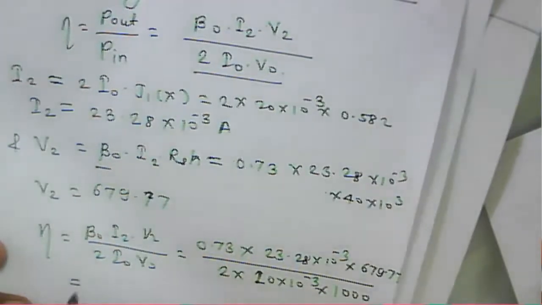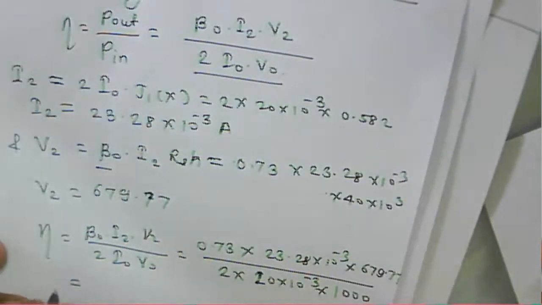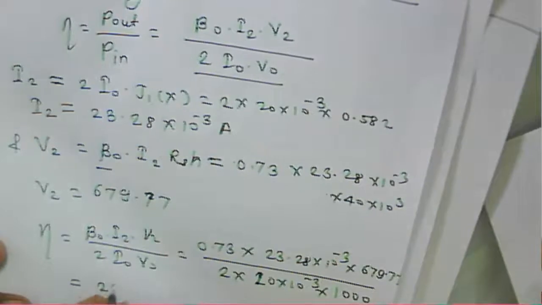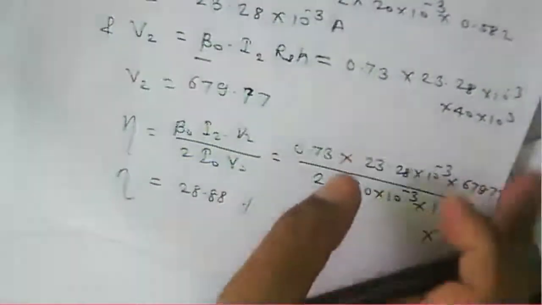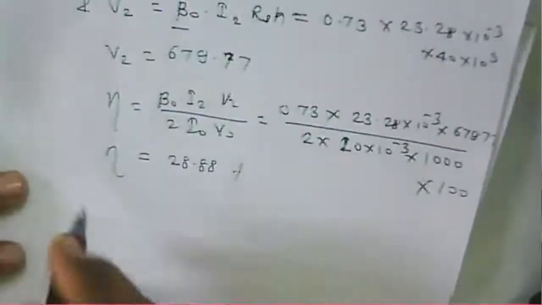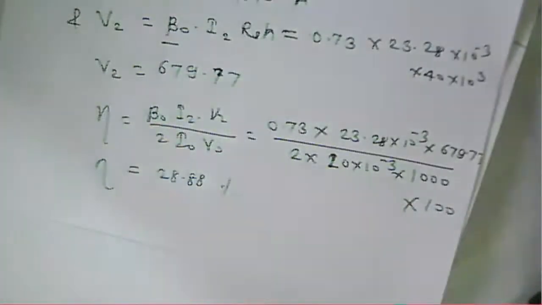After solving, if you multiply it by 100, you get the percentage. You will get 28.88%. That is about the efficiency. So we can solve it and get the efficiency value.